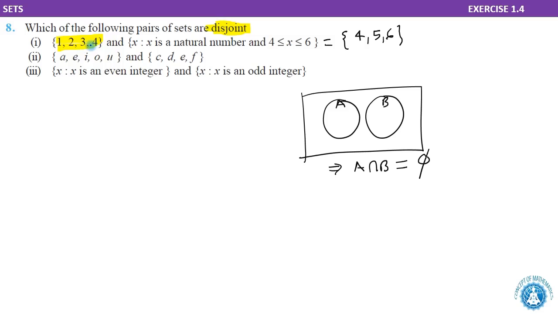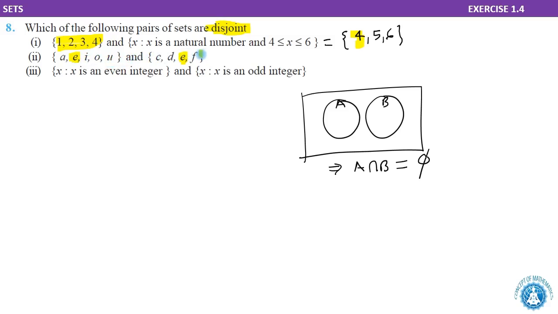One element is common to both and that is 4, so these are not disjoint sets. Second, A, E, I, O, U is the first set, and the second is C, D, E, F. E is common to both sets, so these are also not disjoint.